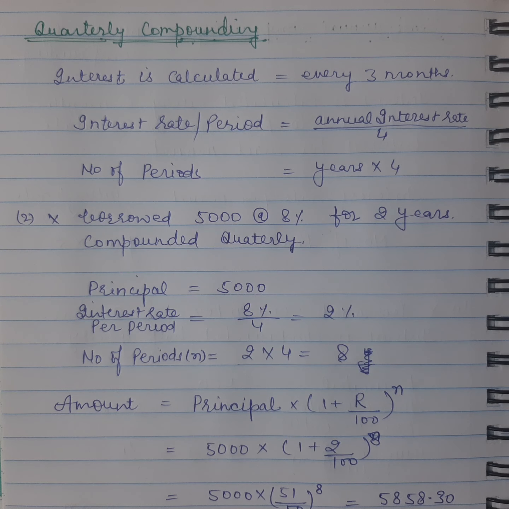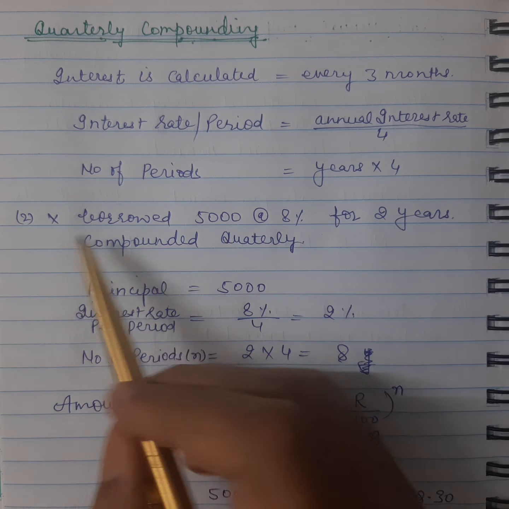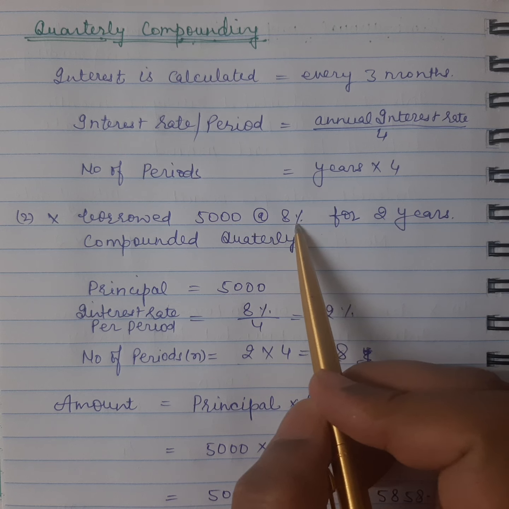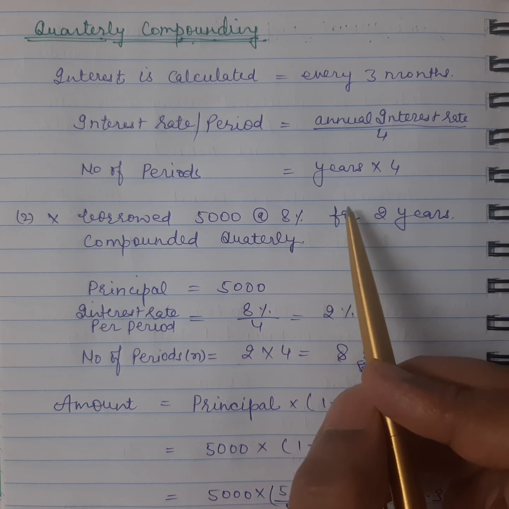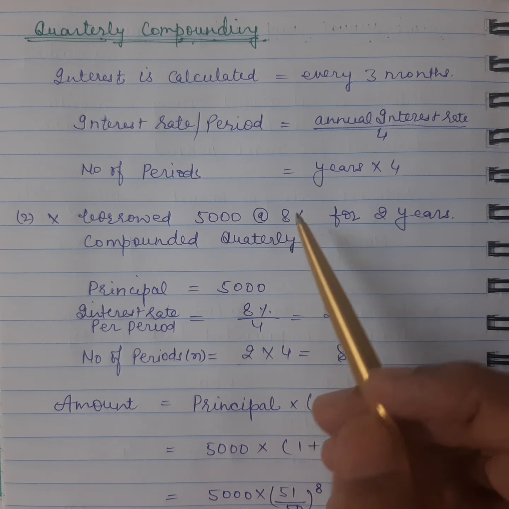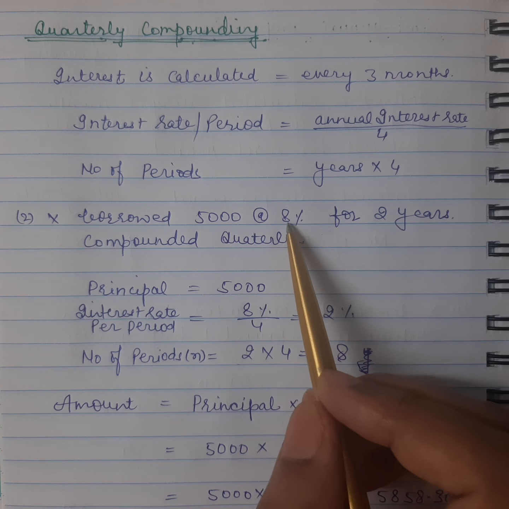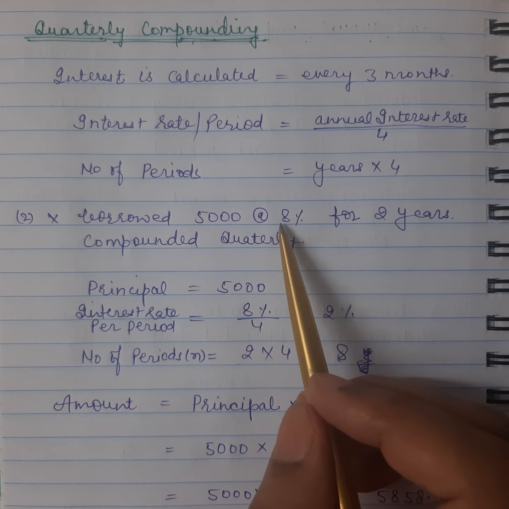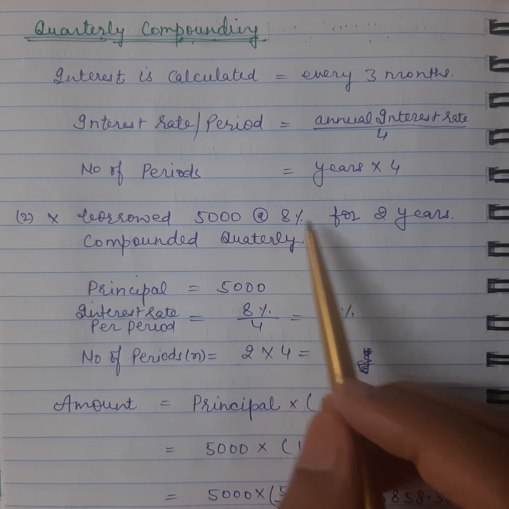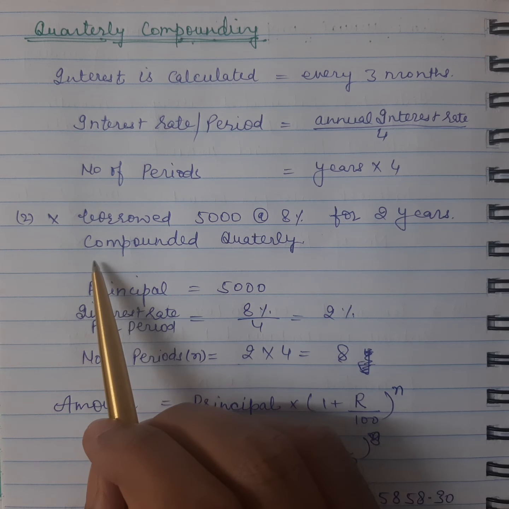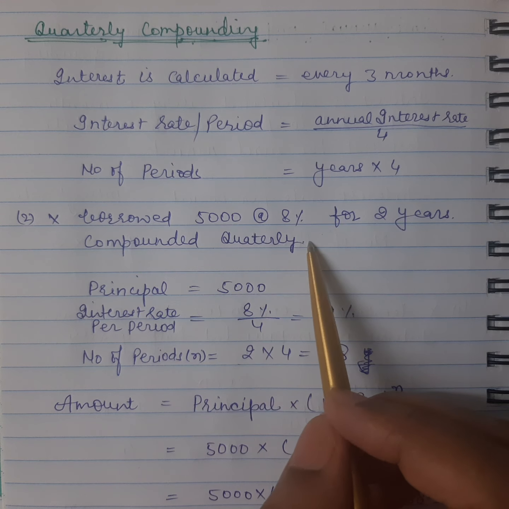Let's understand it with the help of one example. X borrowed 5,000 rupees at the rate of 8%. I changed the interest rate from 10% to 8% for ease of convenience, because if we divide 10 by 4, it will come to a decimal number. So 8% for 2 years, compounded quarterly.